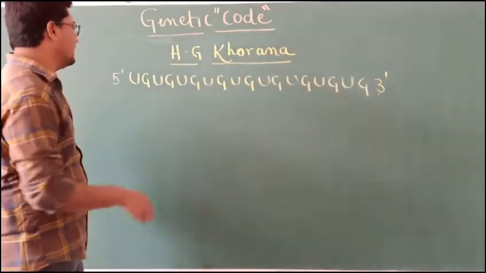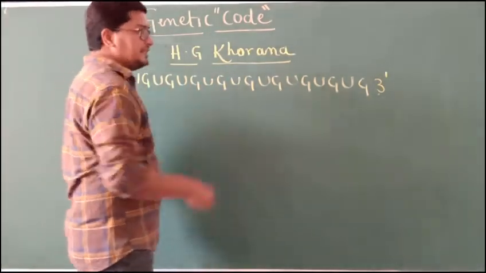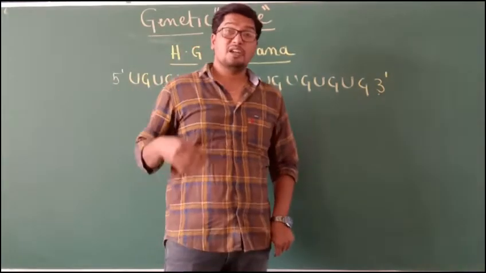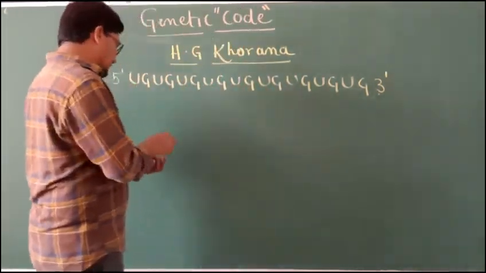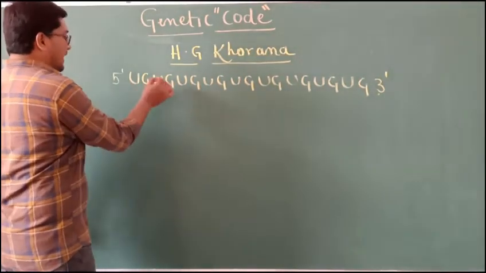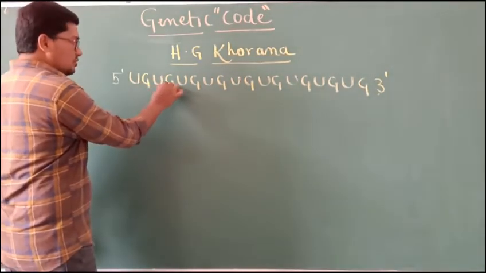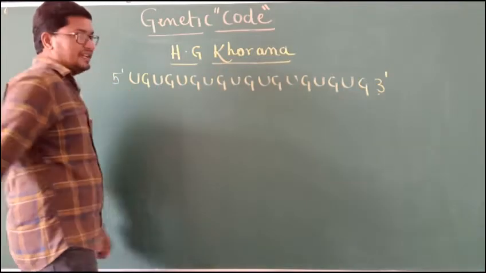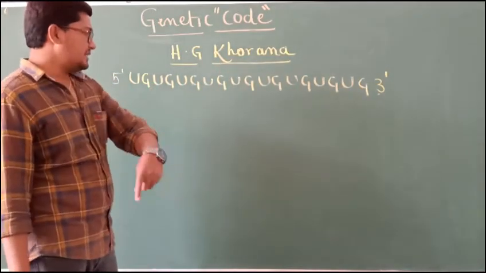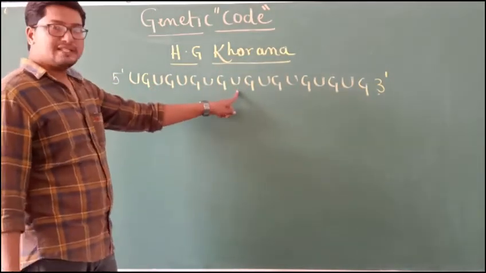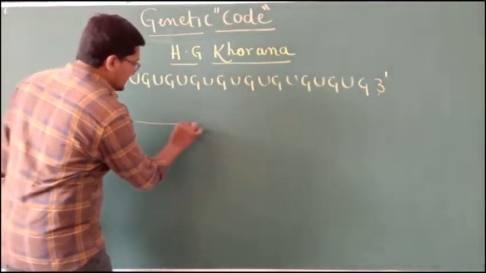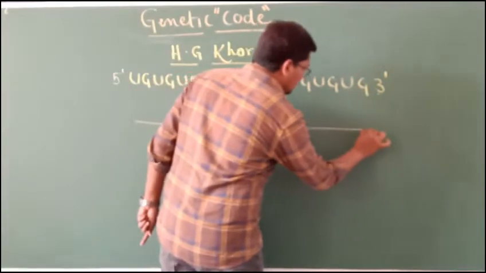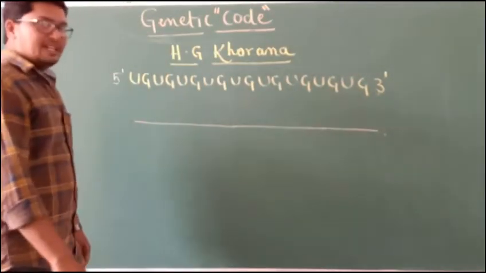And if you see here, some scientists were arguing that the code can be a doublet. If the code is a doublet, how do you have to read it? You have to read it as UG, UG, UG, UG like that. So if the code is a doublet, when this mRNA participates in translation, what is going to be synthesized at the end of translation? A polypeptide chain is synthesized.